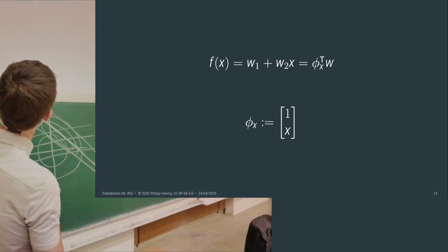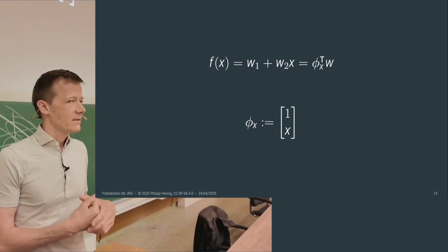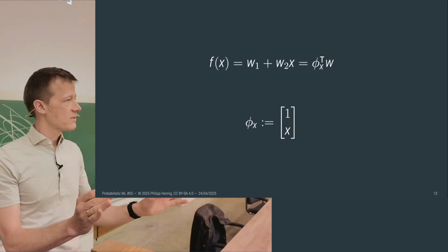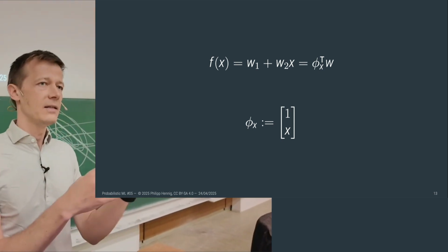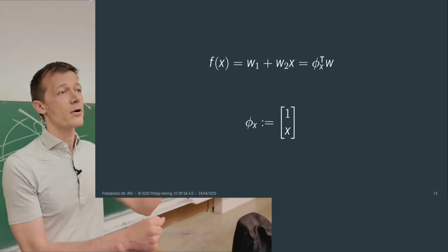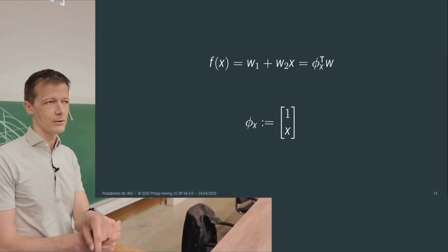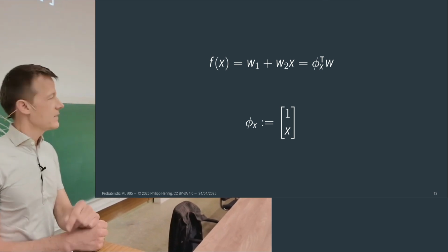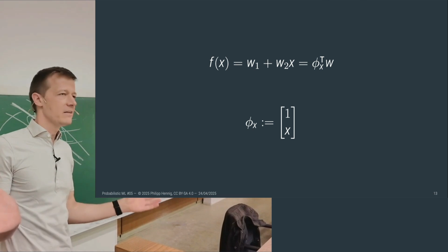So far, we've used this assumption that this is a linear function of x. But remember, the only property of Gaussians we used is that the observations we make are linear projections of the parameters, of our weights, w1, w2. The fact that this function happens to be linear in x is completely irrelevant.